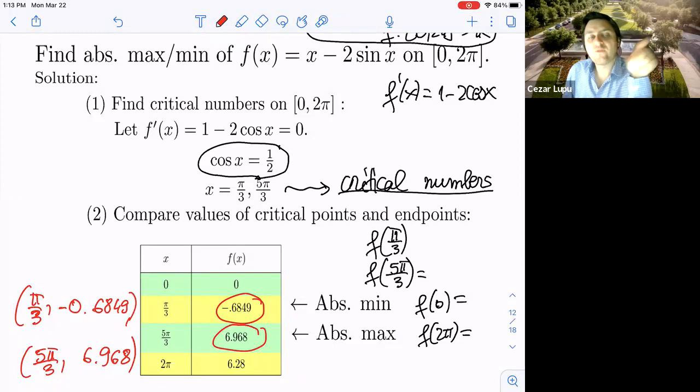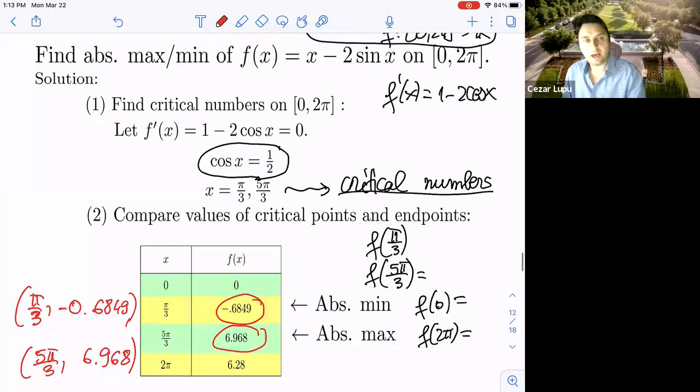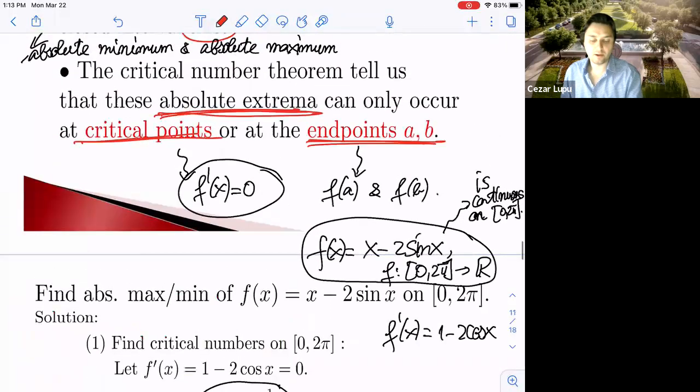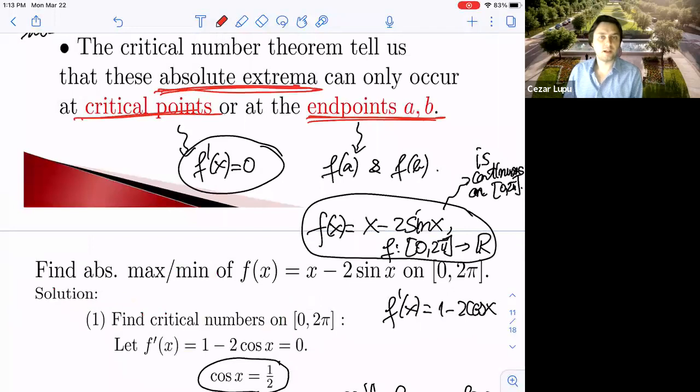Then you evaluate f at those critical numbers, but also at the endpoints, just like we said here. The critical number theorem tells us that these absolute extrema can only occur at critical points or at the endpoints. So keep that in mind.